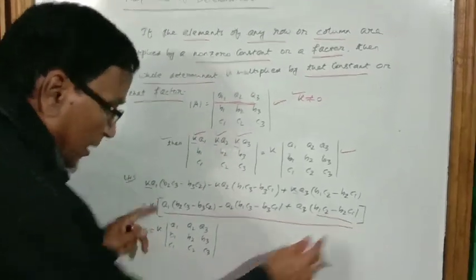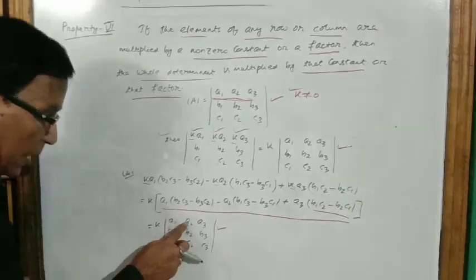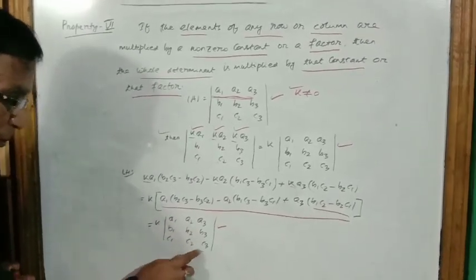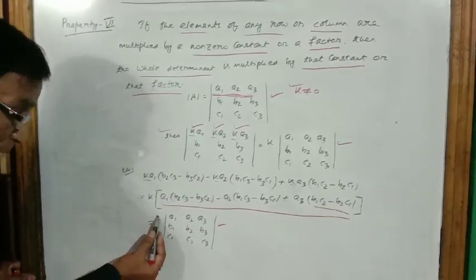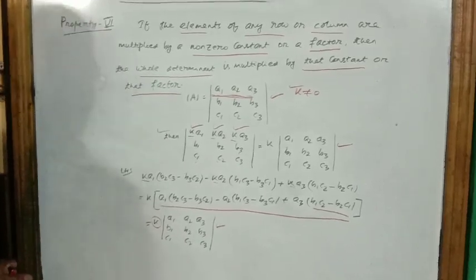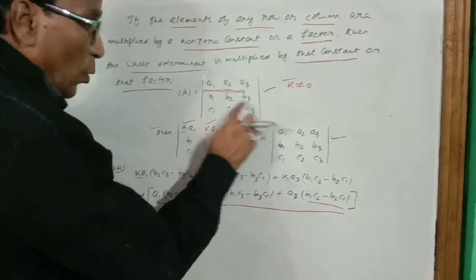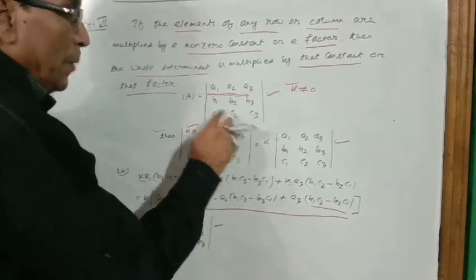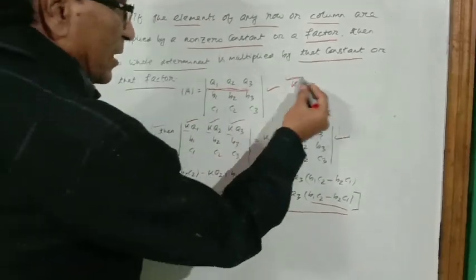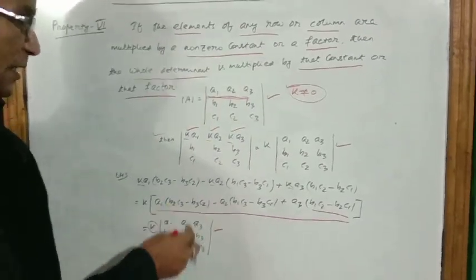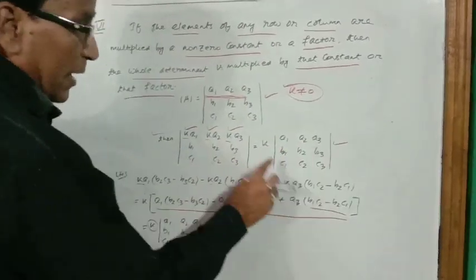And this expression represents the determinant of A1, A2, A3, B1, B2, B3, C1, C2, C3 multiplied by k. So remember that if the elements of any row or any column are multiplied by a constant k, then it is equal to k times that determinant.